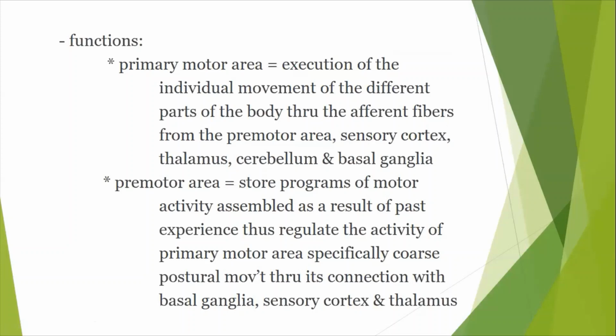The function of the primary motor area is for the execution of individual movement of the different parts of the body through the afferent fibers from the premotor area, sensory cortex, the thalamus, cerebellum, and the basal ganglia. So meaning to say, the execution of the movement will be aided by afferent fibers coming from the premotor area, the sensory cortex, the thalamus, the cerebellum, and the basal ganglia.